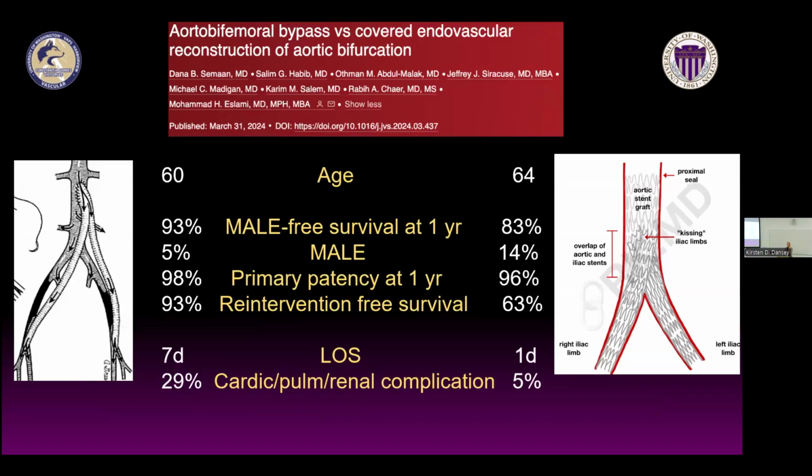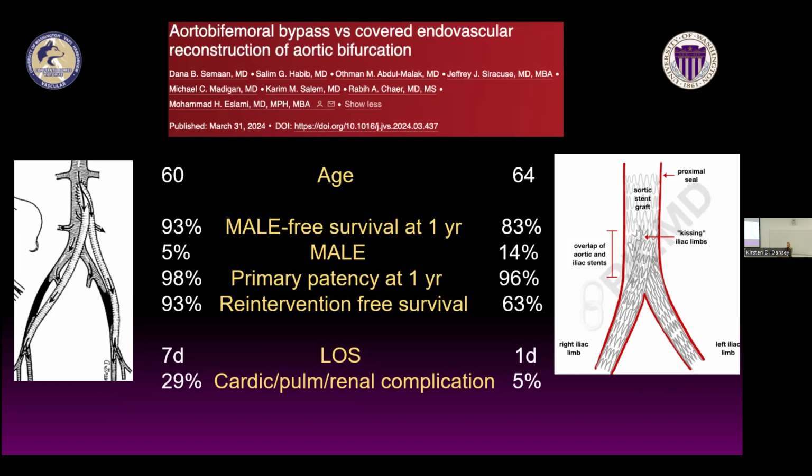Reviewing some of the literature of aortobifem versus CERAB, which is covered endovascular reconstruction of the aortic bifurcation, so stenting the whole aortoiliac segment. This was using prospectively collected, but it was a retrospective data set over a period of about 10 years.